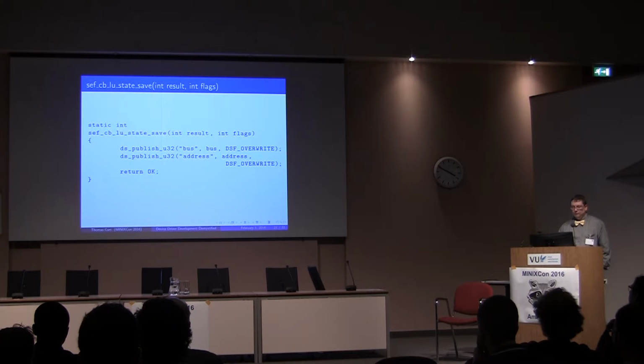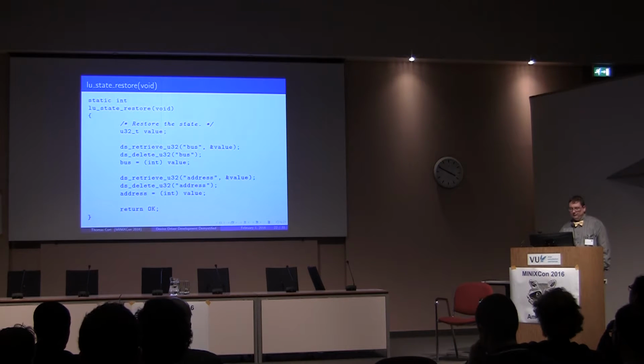For the old style live update, you basically publish your state information. In this case, the state is really simple. It's just the number of the bus and the address of the device. And then for restoring the state, it's just the inverse. You retrieve those two values, and then just save them to your process.